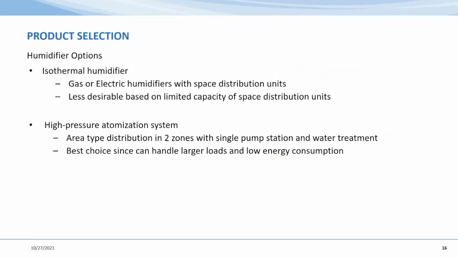Number one, it might be the physical footprint where you want to humidify. If that flowering room doesn't have additional space, that's something we need to consider. If it does, we just have to look at the limitations on the space distribution units, but it's definitely a solution that can be employed in this application.